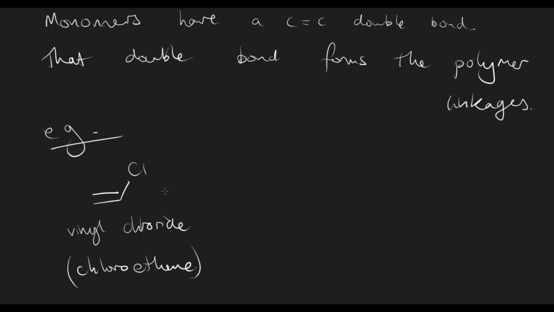And let's polymerize this. So let's say we're going to do it with a free radical mechanism, so we're going to use light, and we're going to end up with this sort of molecule. And so on and so forth.